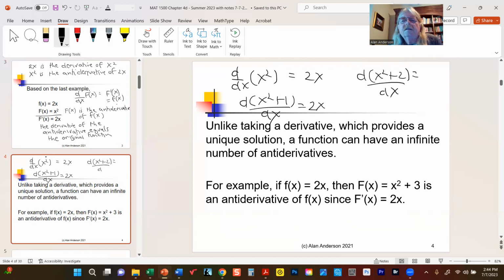Oh my God. So what this means then is that 2x can have an infinite number of antiderivatives.